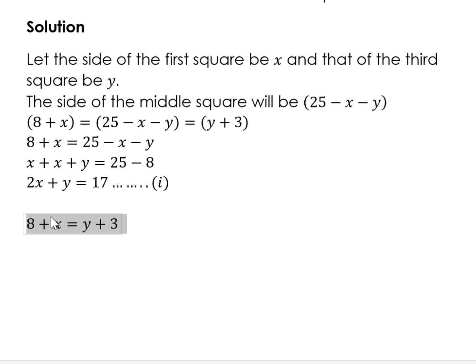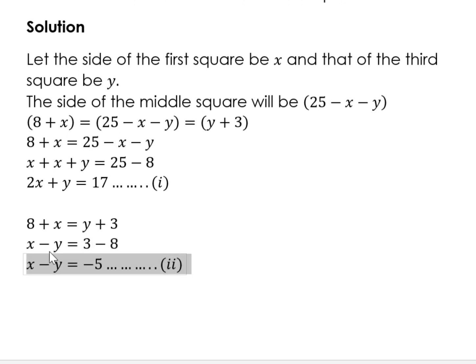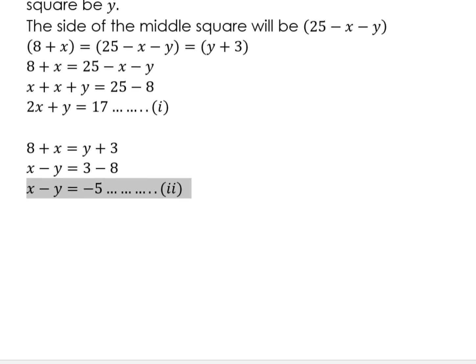We want to have the unknowns on the left side of the equation. So we shall have this x. When y crosses the equal sign, we shall have it as minus y is equal to this 3. Then when we take 8 across the equal sign, we shall have it as minus 8. This gives us x minus y being equal to negative 5, and this is another simultaneous equation.